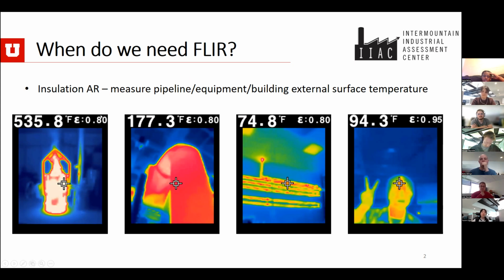If you want to calculate the heat loss, you need to know the inner temperature and the actual temperature, so you get the temperature difference and then calculate the heat loss. In this case, you need to use the FLIR to measure the surface temperature of those pipelines or whatever you want to measure.